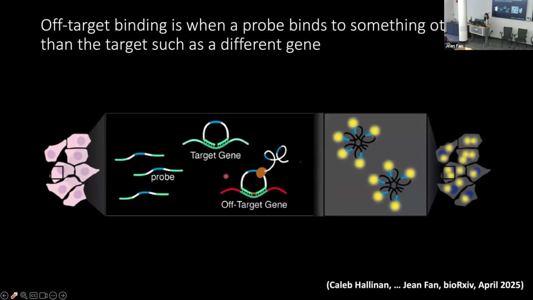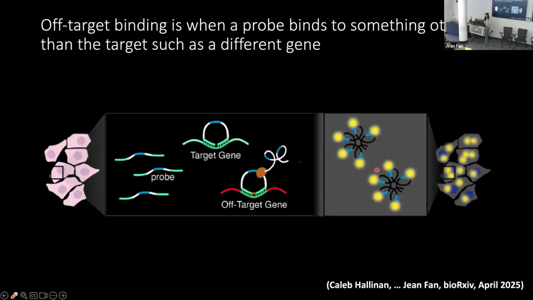We define off-target binding as just when the probe binds to something other than the target gene, which can be a different gene. So for example, if these probes hybridize to a different gene than our intended target gene, once the ligation and the rolling circle amplification happens, the final fluorescent product, we really can't distinguish it from the true on-target.